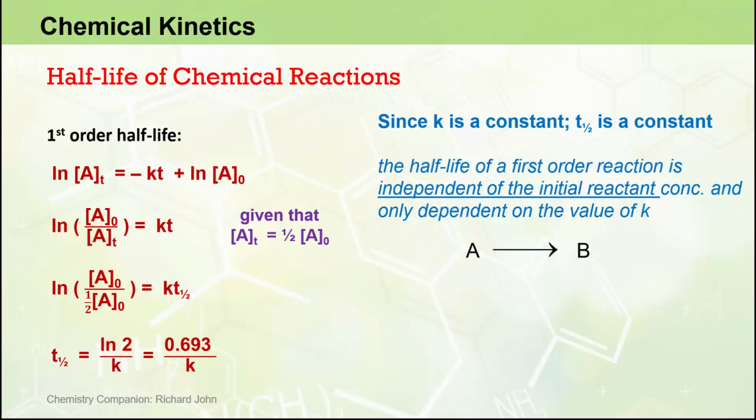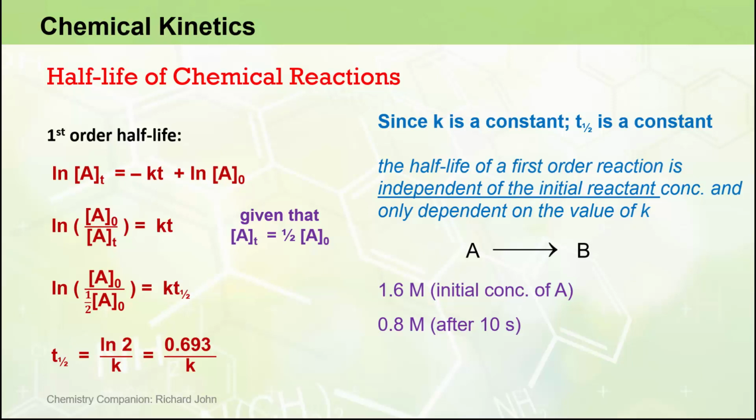For example, imagine a first-order reaction where reactant A is converted to product B. If we start with initial concentration of A of, say, 1.6 molar, and the concentration drops to 0.80 molar after, say, 10 seconds, we say that the half-life of the reaction is 10 seconds.